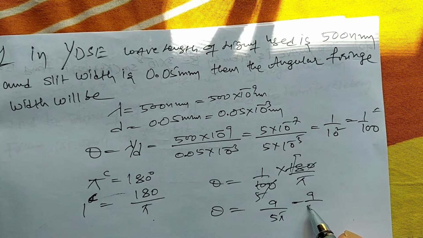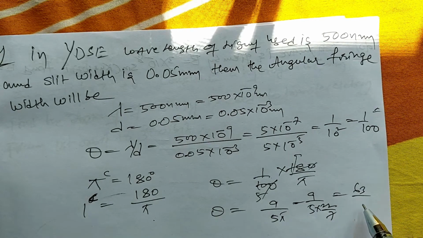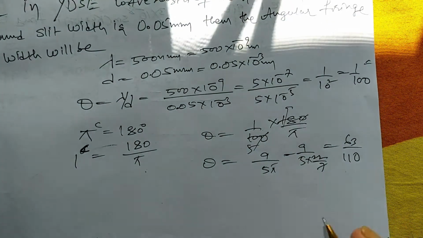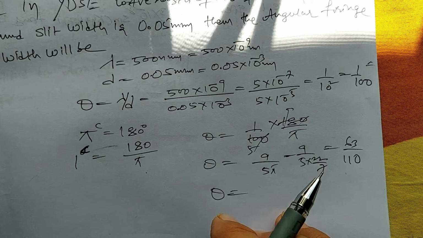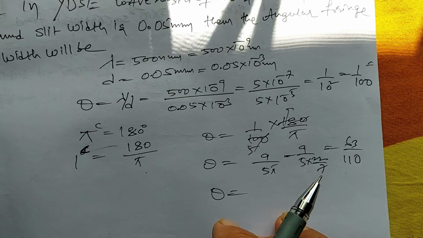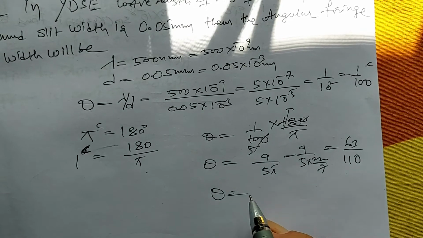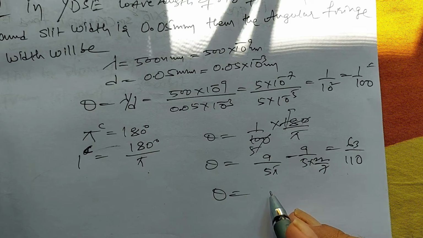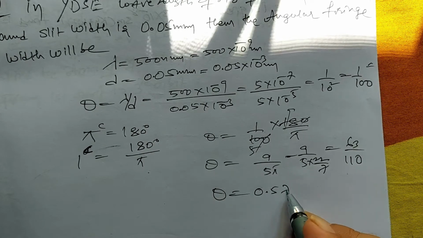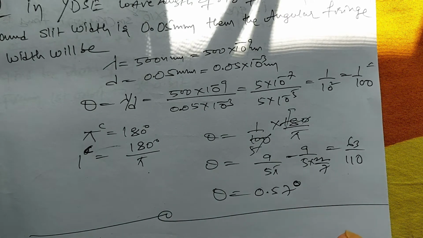That is equal to 9 by 5 into 22 by 7, that is 63 divided by 110. So by doing the calculation we get 0.57 degrees. Our answer is 0.57 degrees.